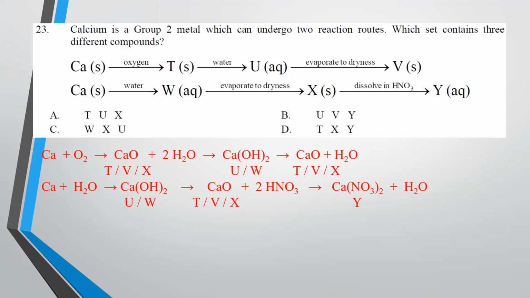Whereas W is the calcium oxide plus nitric acid. So when you dissolve in nitric acid, you form calcium nitrate. Okay, so therefore the best answer in here will be B. Okay, U, V, Y, I have 3 different compounds in here.